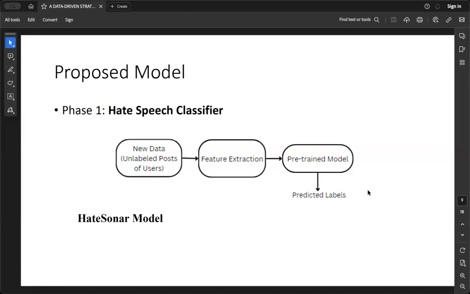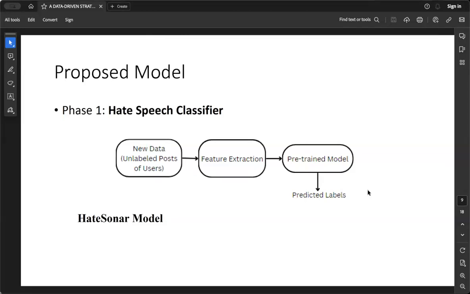So the first phase is the hate speech classifier, where the entire intention of this phase is to be able to label the posts of each user. Because tomorrow when a new user comes into the network, all of the posts that they're going to make are going to be unlabeled. So we need this very reliable classifier that helps us to predict the label of that unlabeled post.